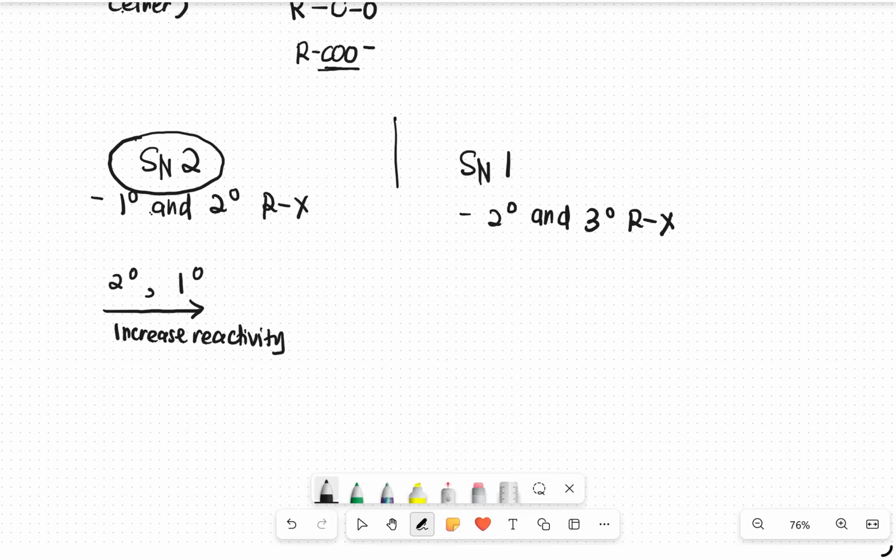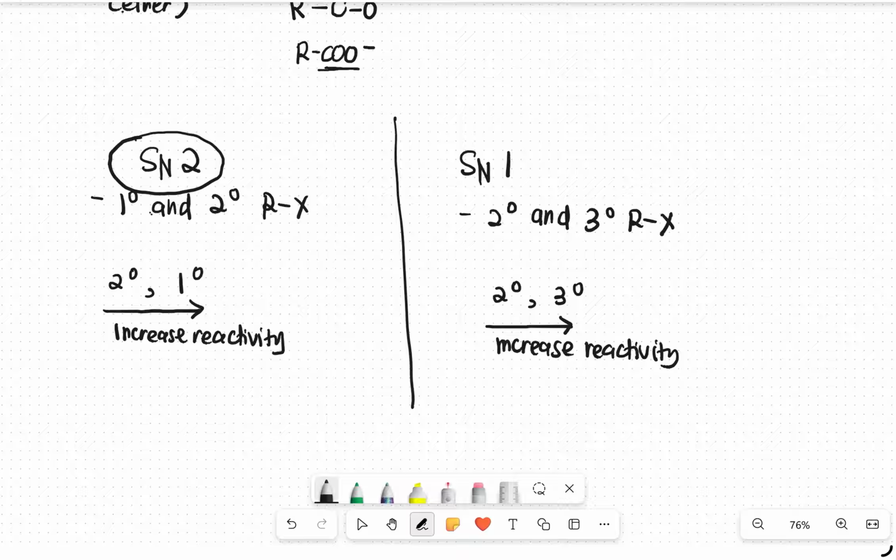For SN1, secondary and then tertiary. The tertiary has more tendency to undergo SN1 reaction, so it will increase reactivity. You have to know the trend, because sometimes the question will ask you the trend on the reactivity, which one is more reactive towards SN2 or SN1 reaction. So you have to know this.